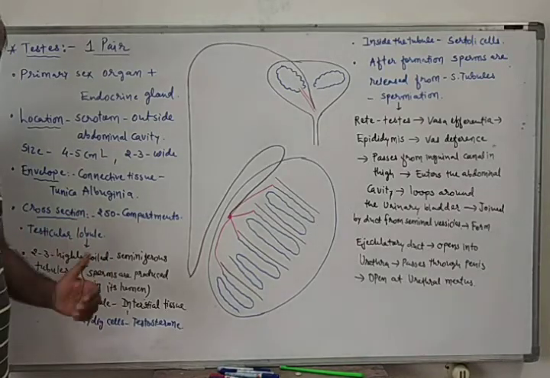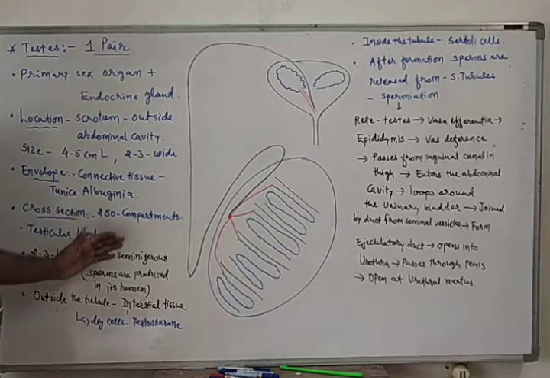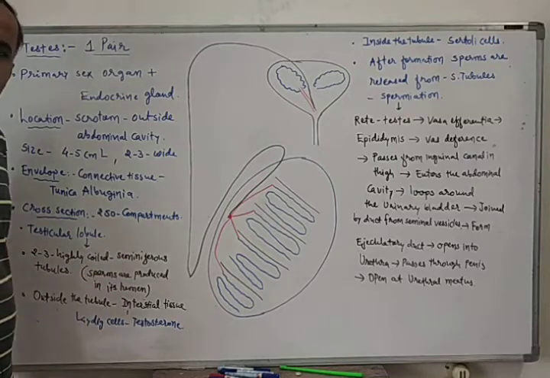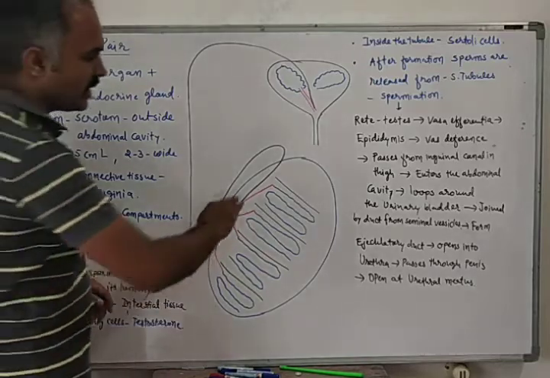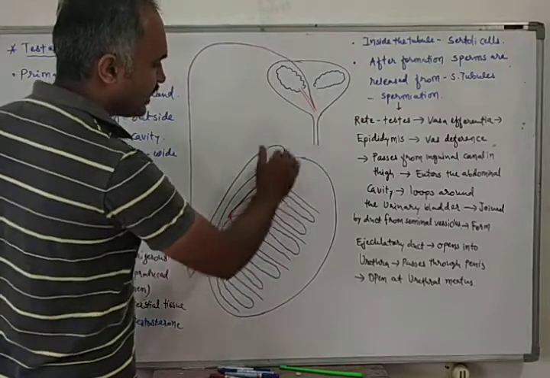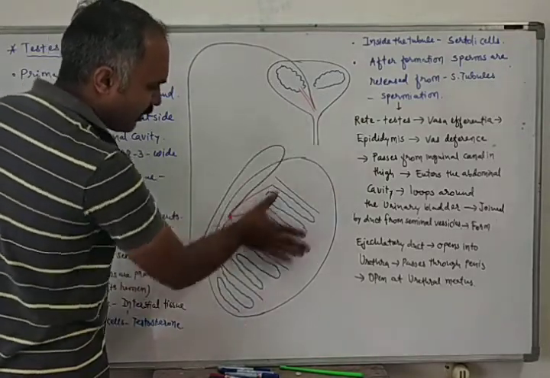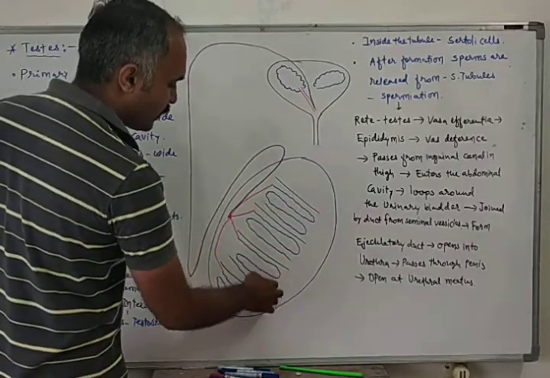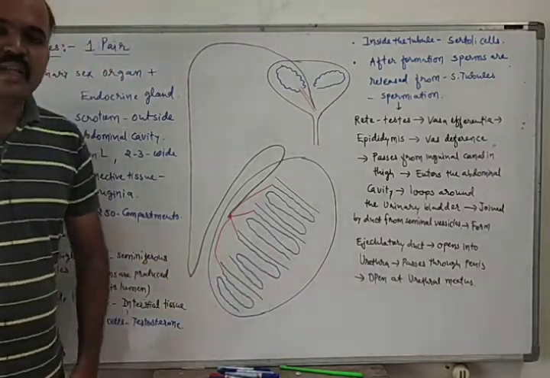When we take the cross section of the testis, we find that it has 250 compartments, and these compartments are known as testicular lobules. Say, for example, this is the testis, oval in shape. In the cross section we find 1, 2, 3, 4, 5, up to 250 testicular lobules inside the testis.